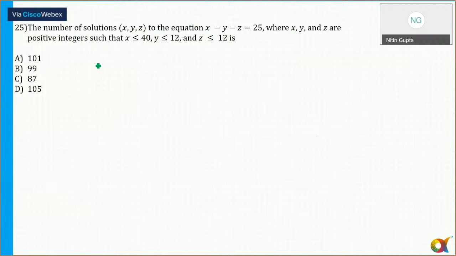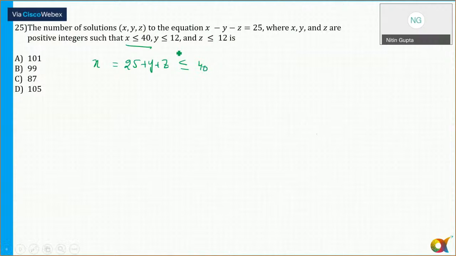We all know x is equal to 25 plus y plus z, and we know x is less than or equal to 40. So 25 plus y plus z is less than or equal to 40.